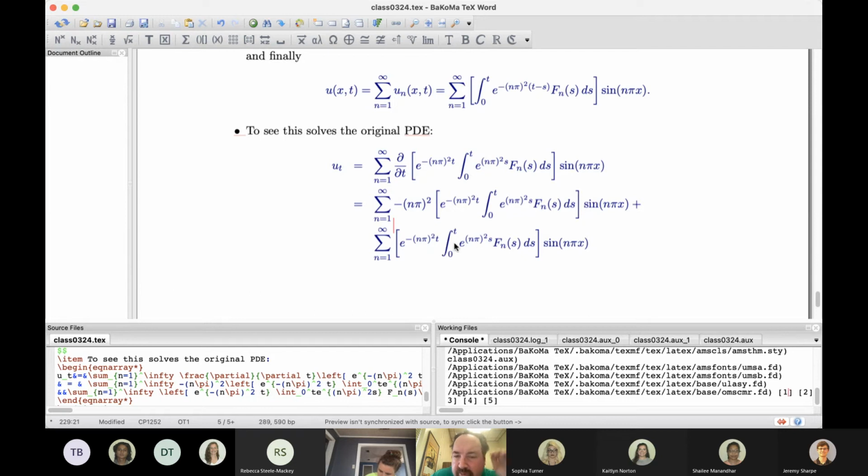And then differentiating this, here I'm taking a derivative with respect to t of an integral with respect to s from 0 to t, where t is a limit, so I'm just going to get the integrand with t plugged in for s. But here I have e to the minus n pi squared t. Here I have e to the plus n pi squared t. Those will cancel.